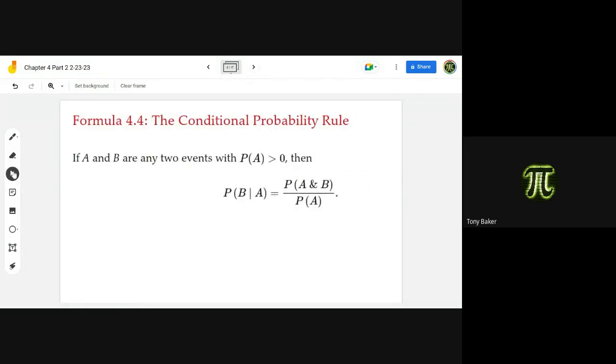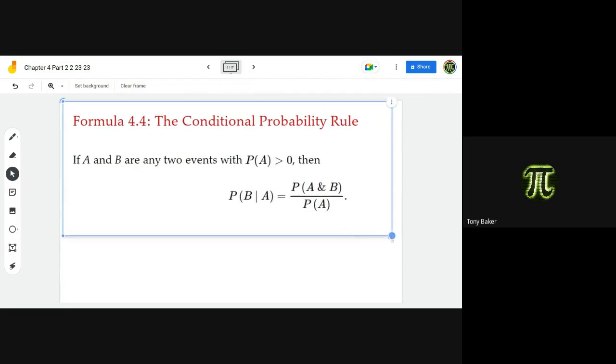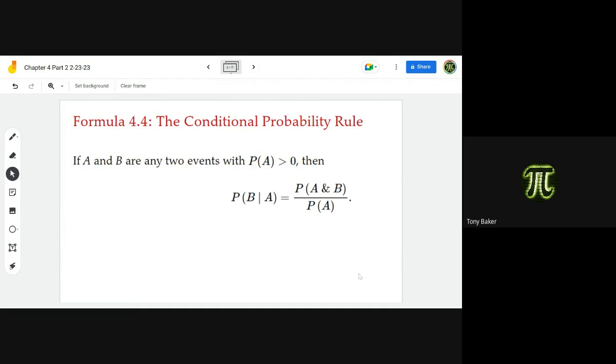All right. To determine conditional probability, this is the exact formula for it. It's basically what we just did. It's P of A and B, so it's where they both are, and you're dividing it by the probability of A, the given event.